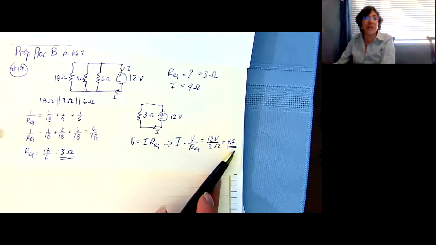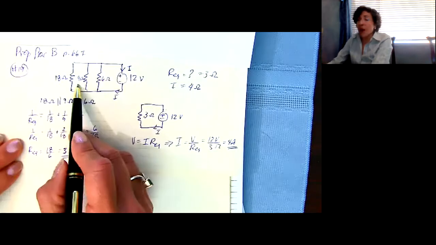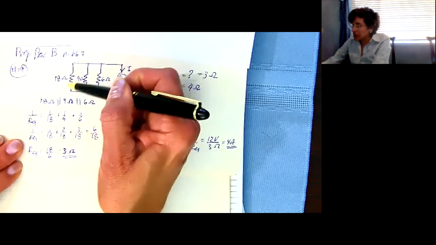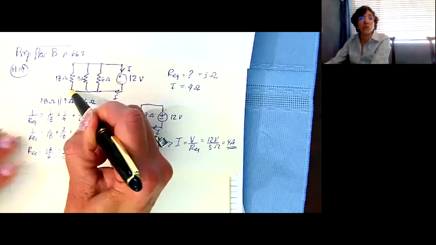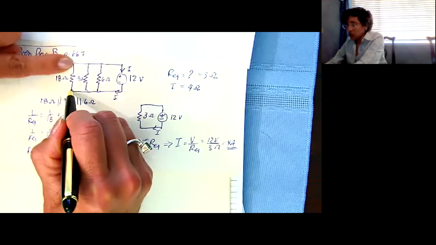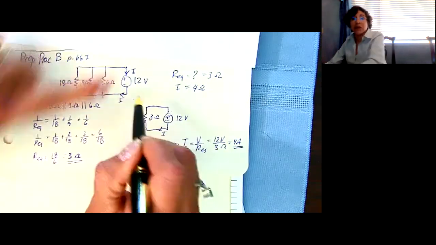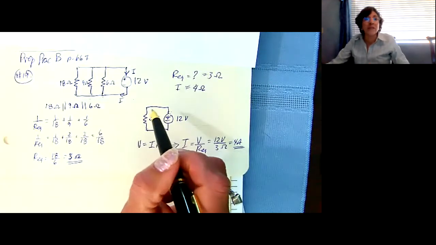So we'll probably do that next time. All right, so again, in parallel, it means that across this resistor here, I have 12 volts. So I take my leads, my red and my black on my multimeter, and I'm going to measure 12 volts across this resistor, across this resistor, across this resistor, and obviously across the battery. And that's what it means by being in parallel.